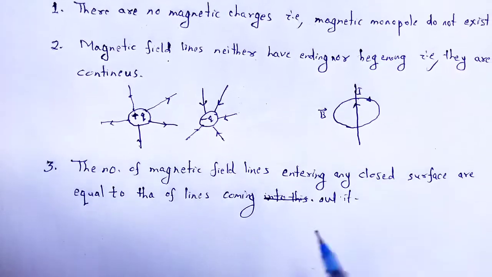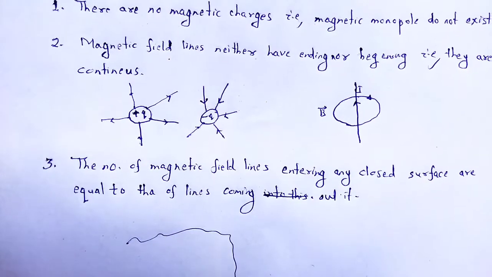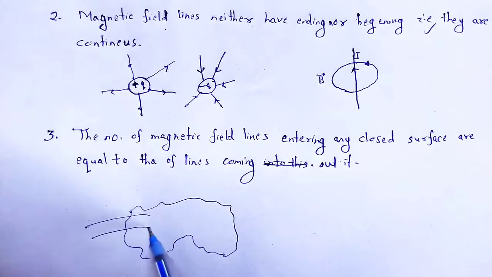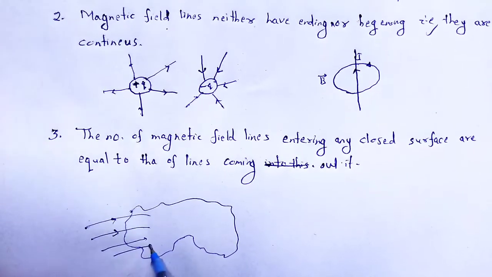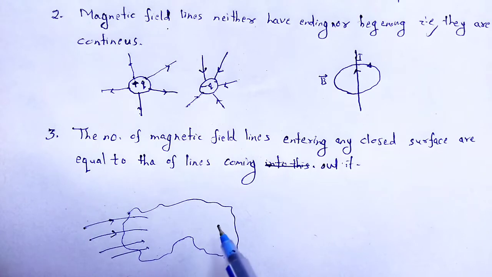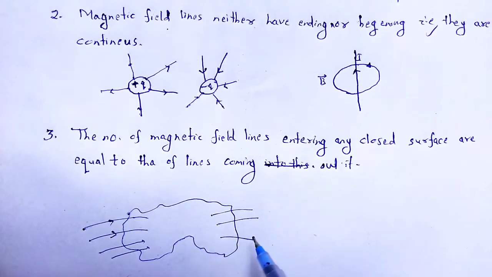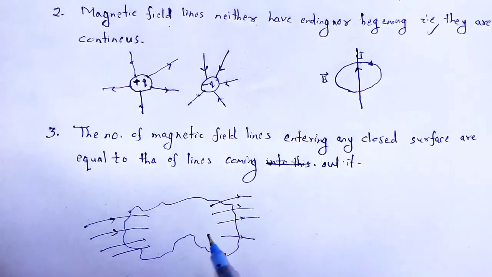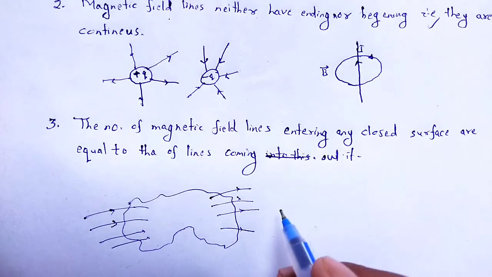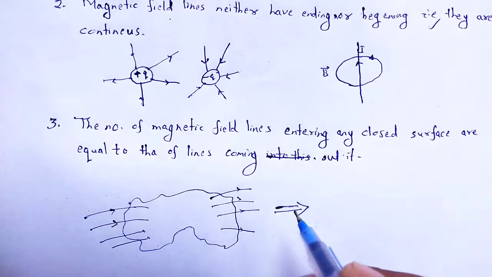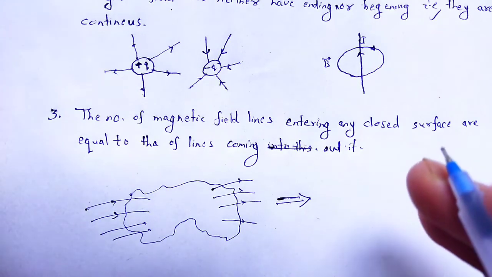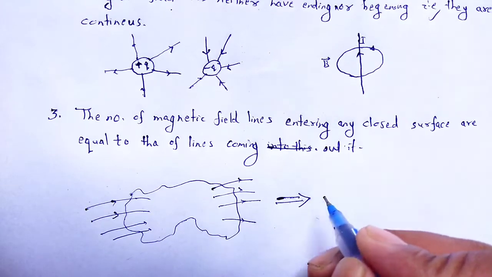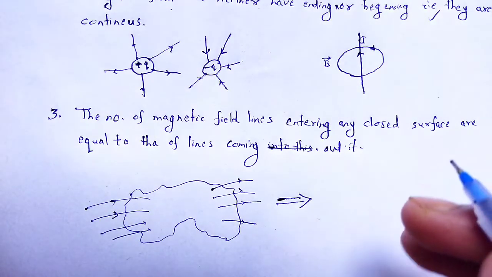If the number of magnetic field lines entering is 5, then the number of magnetic lines going out is also 5. These two are the same. That indicates the pole strength of the magnet is the same, means north pole strength and south pole strength are equal.